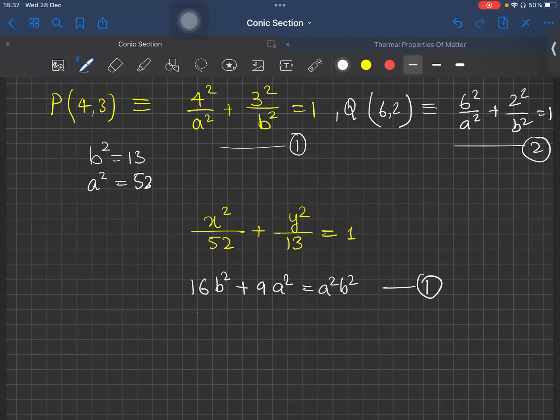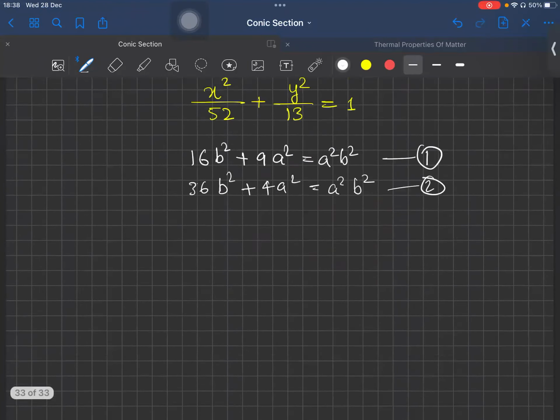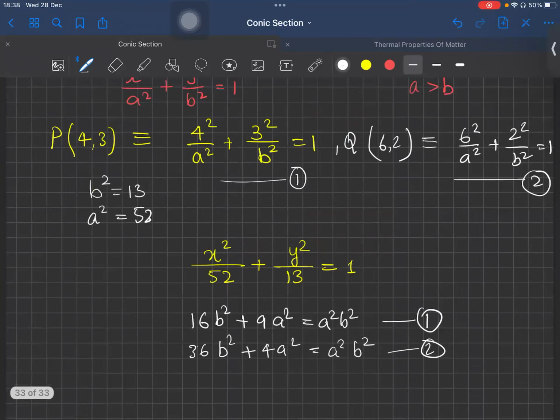Equation 2 will be 36B square plus 4A square is equal to A square B square. Fine. Now you can solve it. Now it is easy to solve. So you can just do like that if you are not comfortable. Okay, let's solve another problem. So hopefully you'll be able to solve all the problems on ellipse.